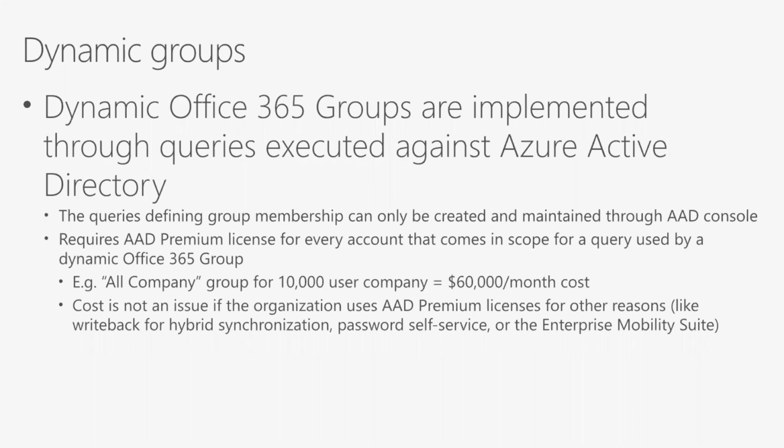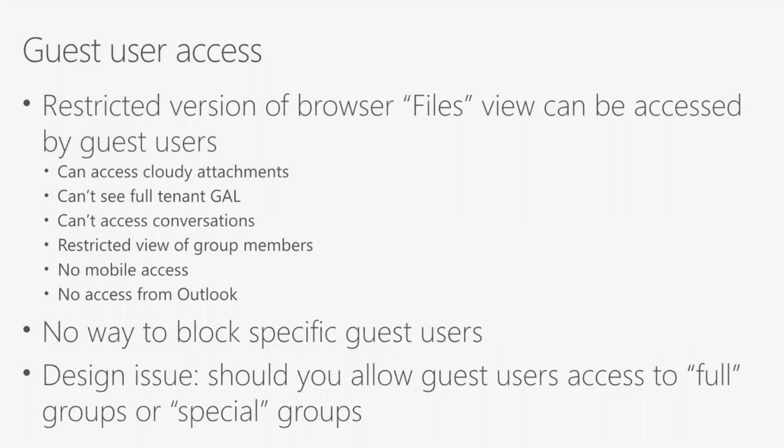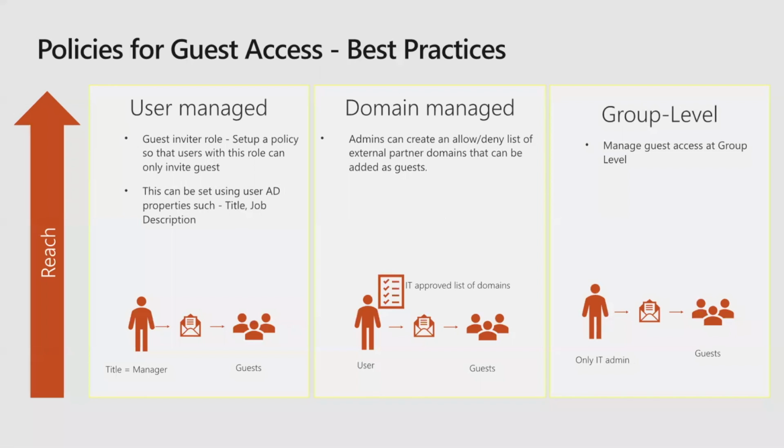You can do that using dynamic Office 365 groups, but everyone has to have the Azure AD Premium license assigned. There's multi-domain support, and there's guest user management that you can go through so that you can create policies of who can allow additional external users or guests in your Office 365.